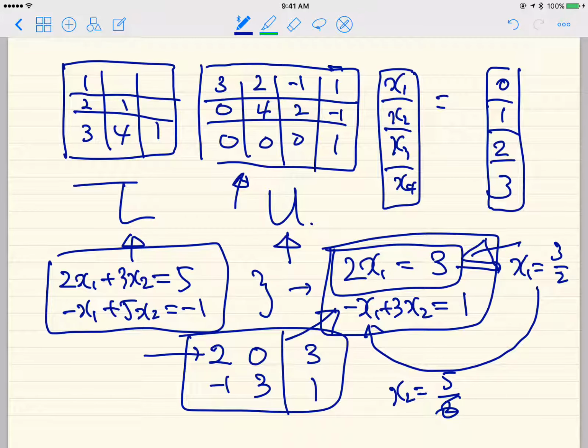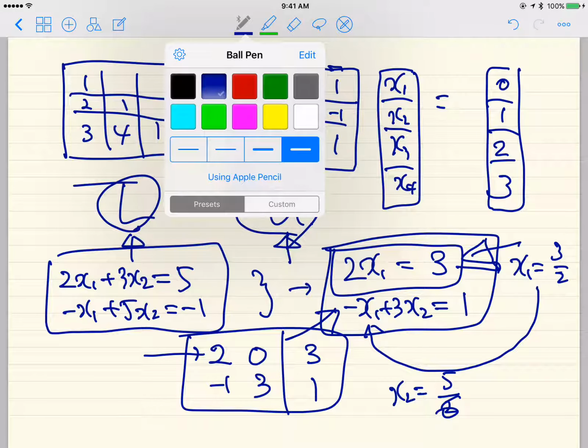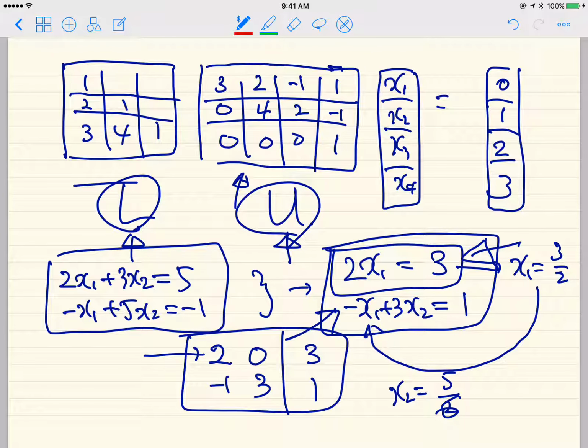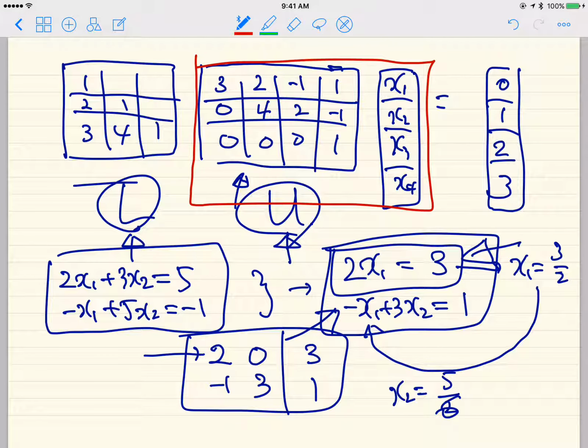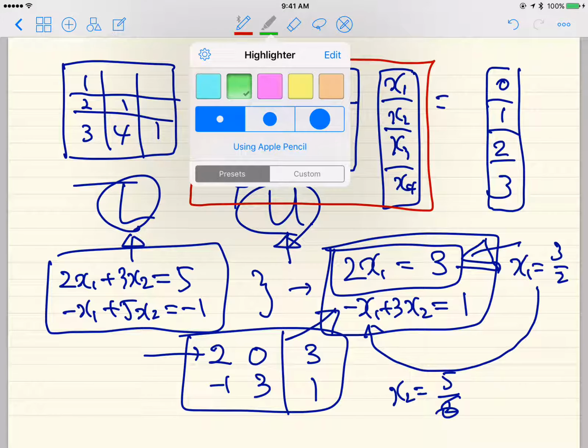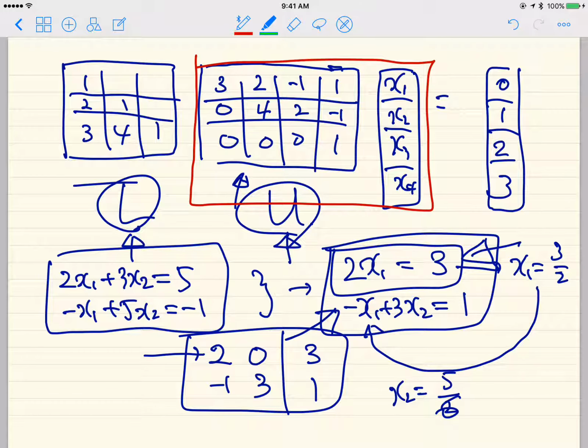Okay, so we have two triangular matrices, and we go through two steps here. The first step is to make this part something like y.